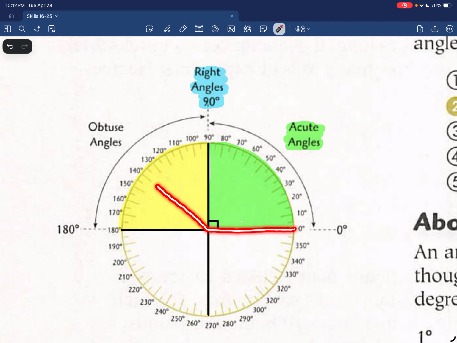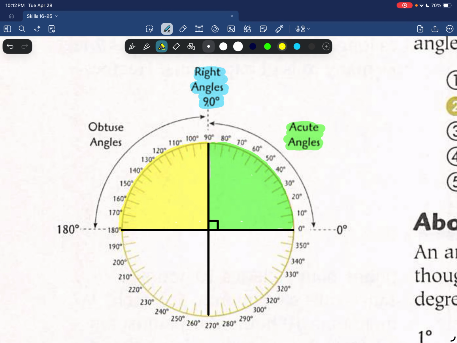It looks like this. So that angle is right in here. That's an obtuse angle right there. Here is 170. It's almost lying completely down. It's a very large angle. Those are obtuse angles.